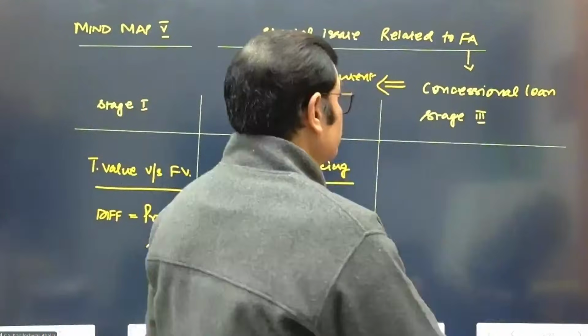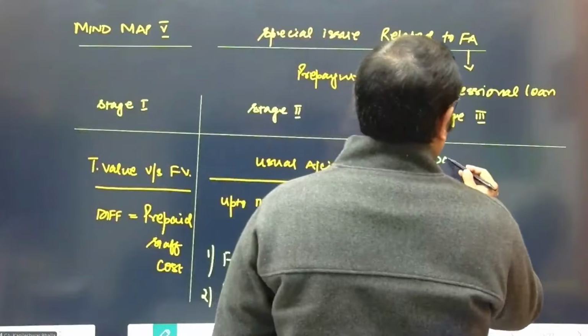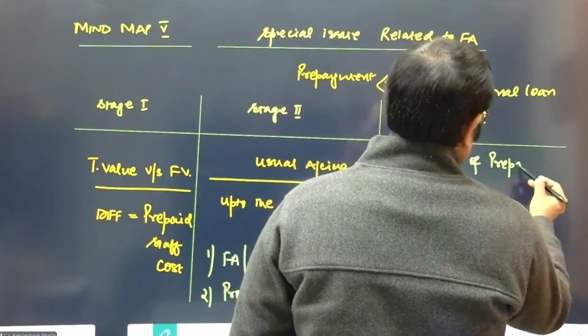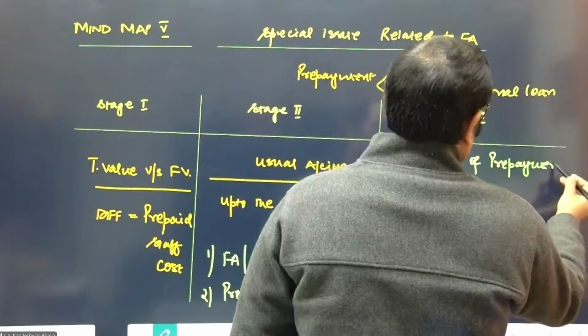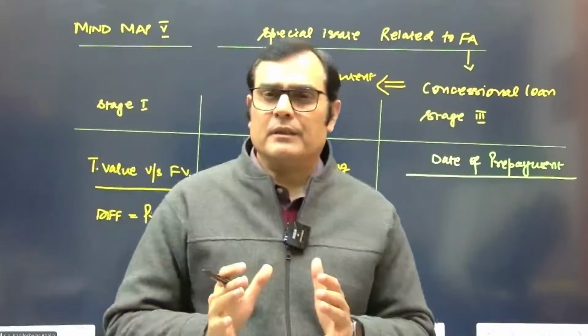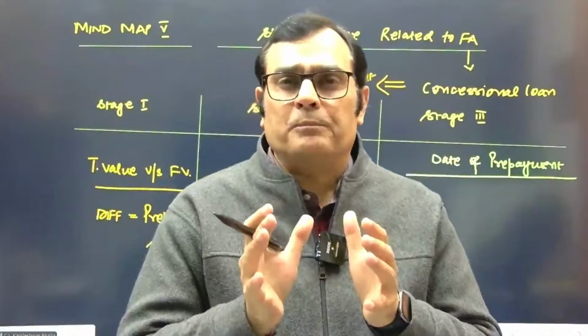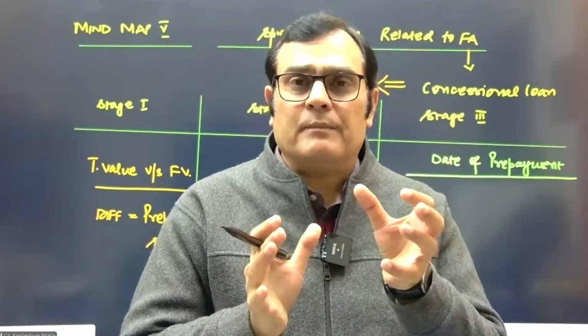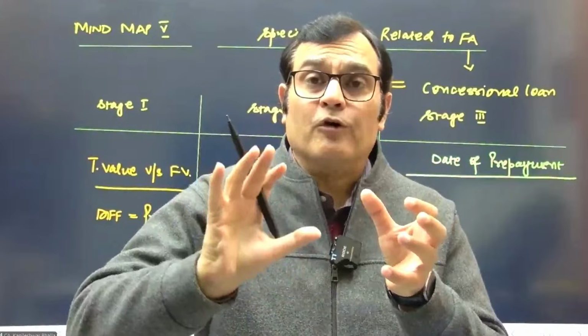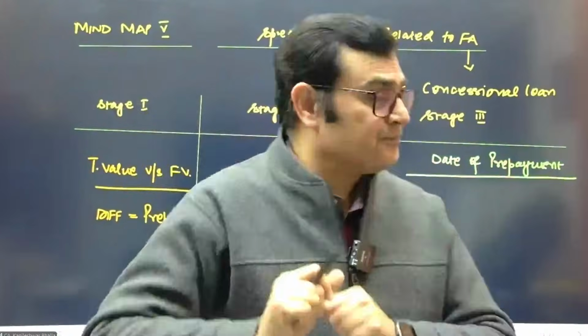Now we need to see stage three, when there is a date of prepayment. On the date of prepayment, what do we do? We need to consider the amount of prepayment and compare it with the fair value, that is the present value of the remaining payments.